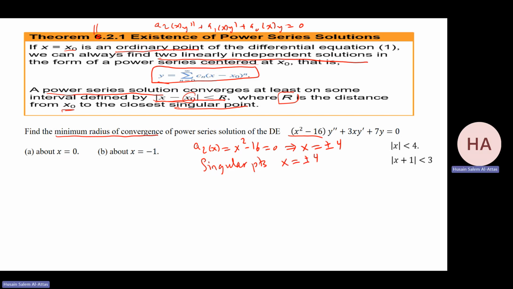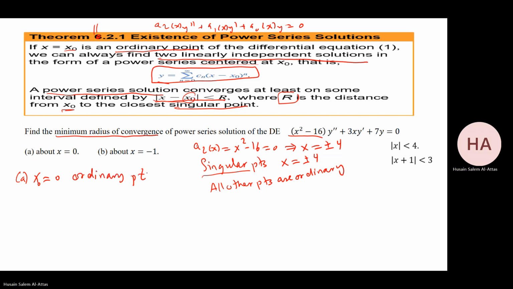Now he gave me part A, x0 equals 0. Is this one singular or ordinary? I know these are the singular points, plus or minus 4. Is it part of it? No, because all other points are ordinary. So this one will be an ordinary point.